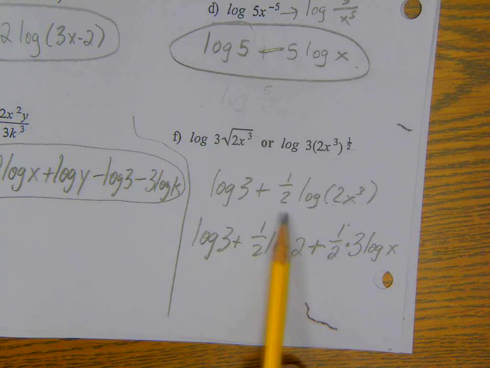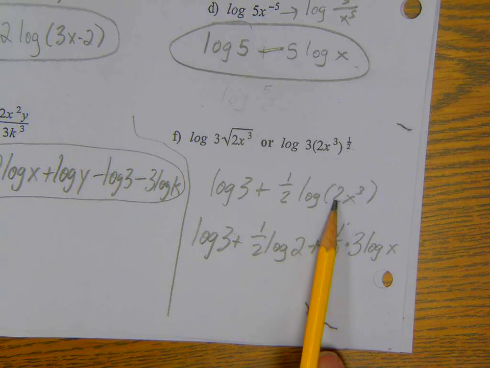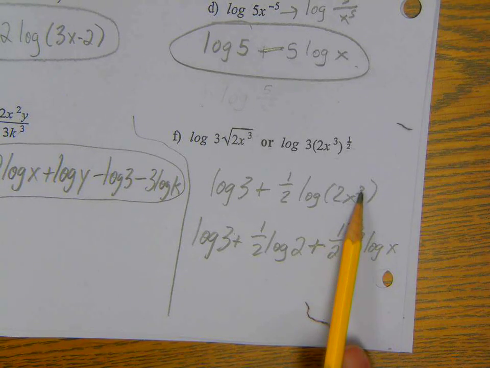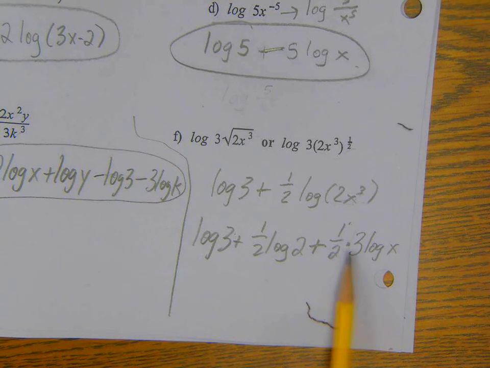So I've got 1/2 log 2. So I separated this out. I've got the 1/2 log 2 plus the 1/2 log x cubed. But x cubed, the 3 could get pulled out, so this would really be 3/2 log x. So really, if I would have multiplied like you said, Emma Claire, that's what I would have ended up getting anyway.